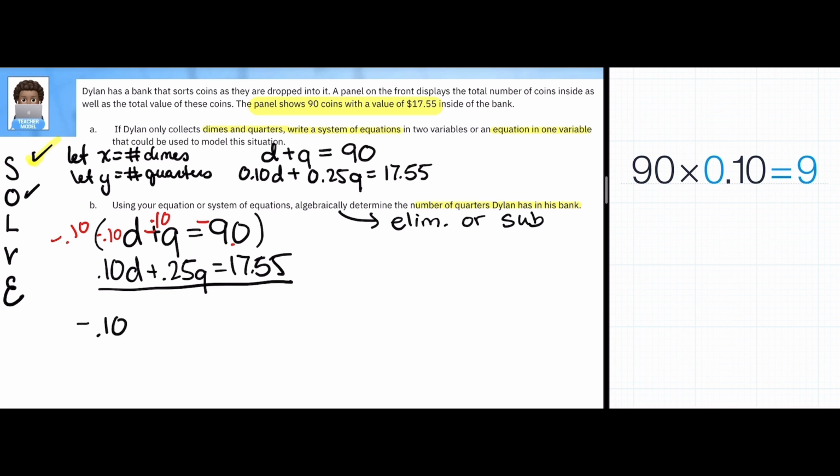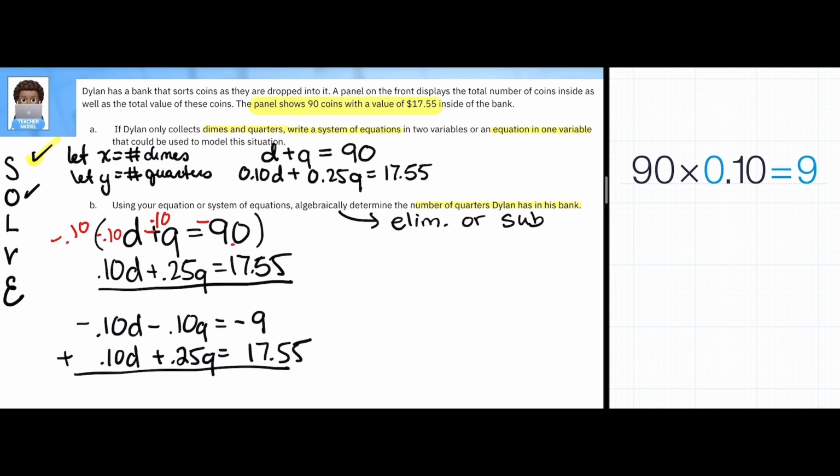So negative 0.10D minus 0.10Q is equal to minus $9, plus 0.10D plus 0.25Q, equal to $17.55.